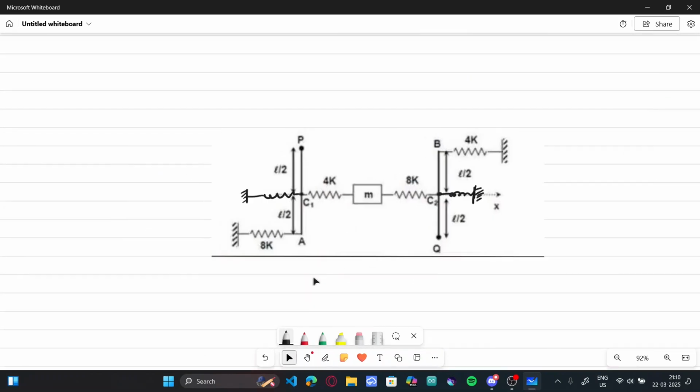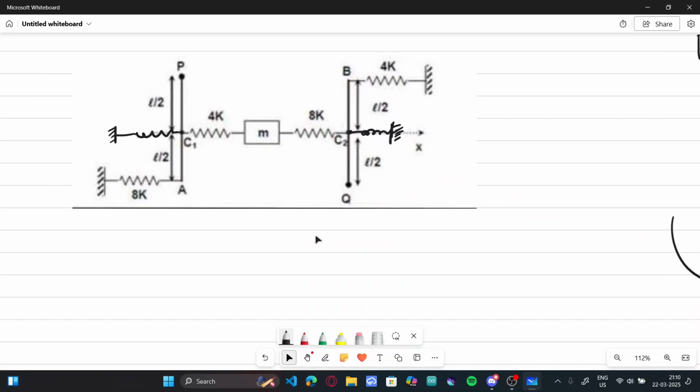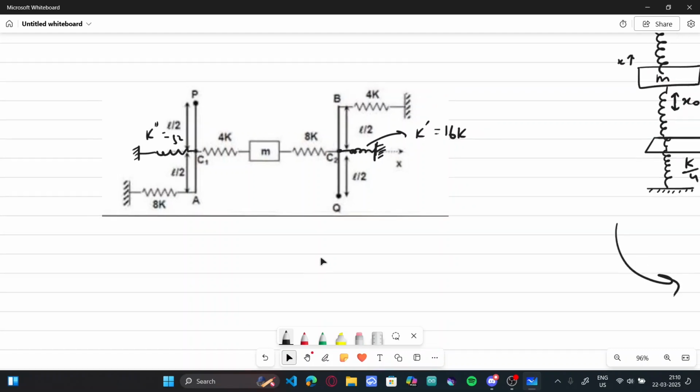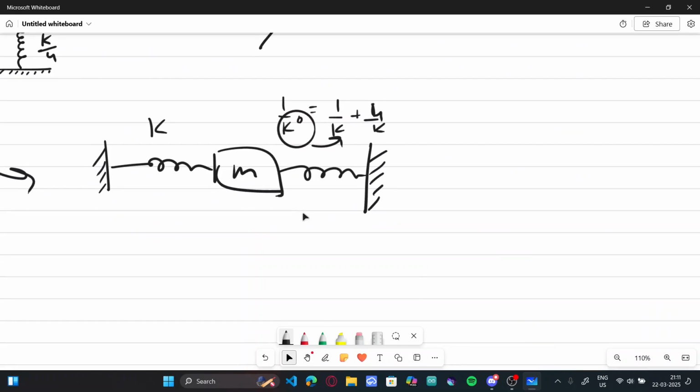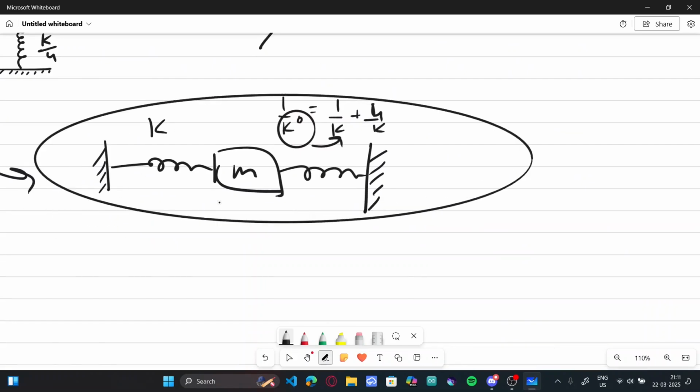We balance out the torques, I mean, not balance out, we equate the torques, and we find out that this k dash is equal to 16k, and this k double dash is equal to 32k, and this again boils down to this simple problem.